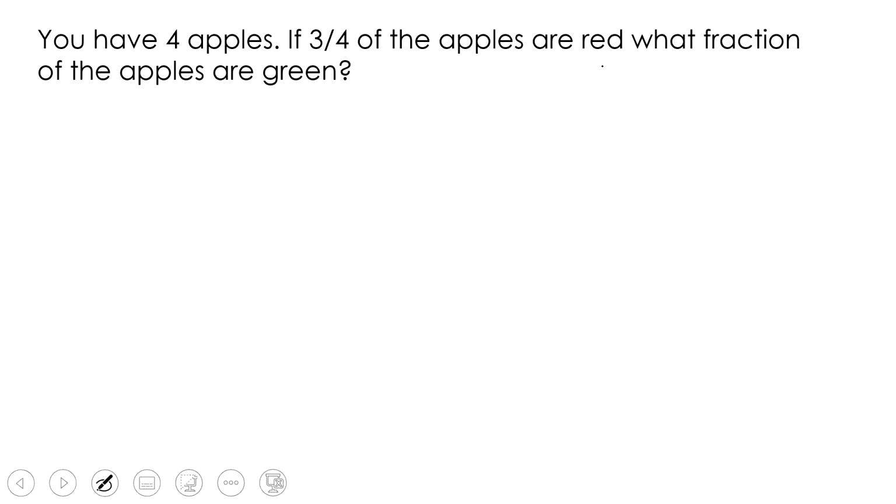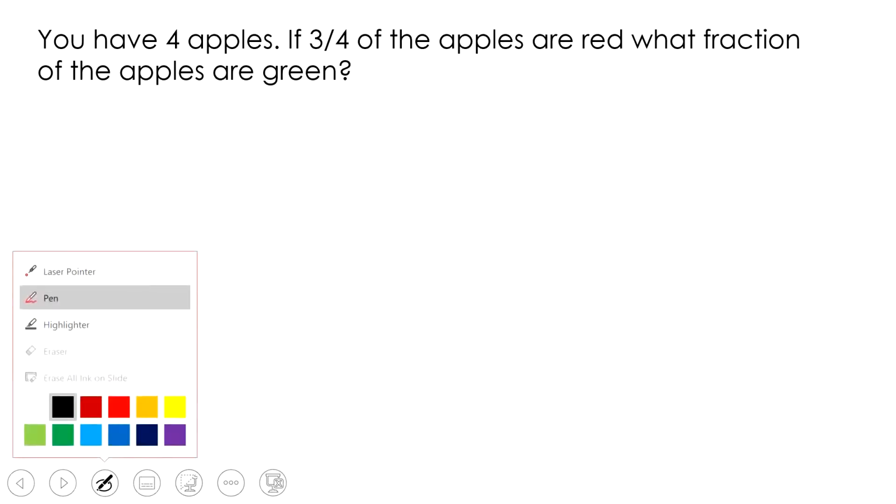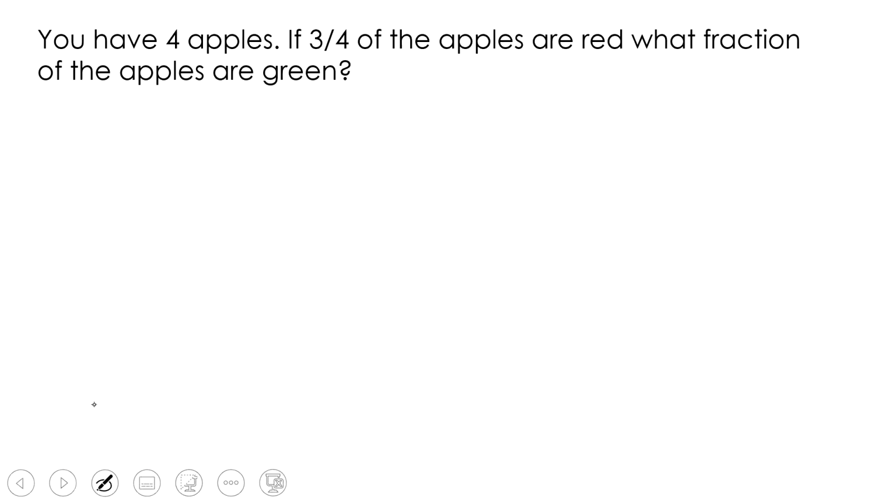This question says, you have 4 apples. If 3/4 of the apples are red, what fraction of the apples are green? Let's think about this. What I can do is think of all the important parts of my question.